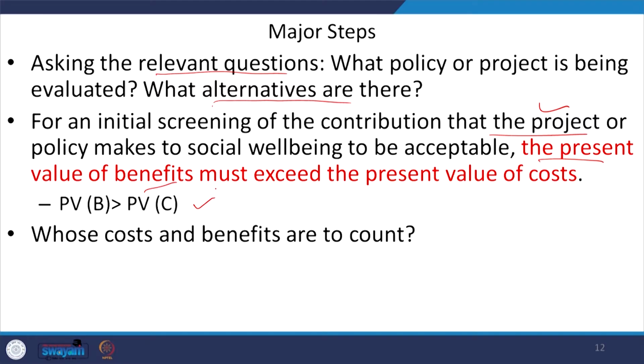So, after doing this first step, posing the right kind of questions, the second step would be whose costs and whose benefits are to be taken into account for a particular policy or program.